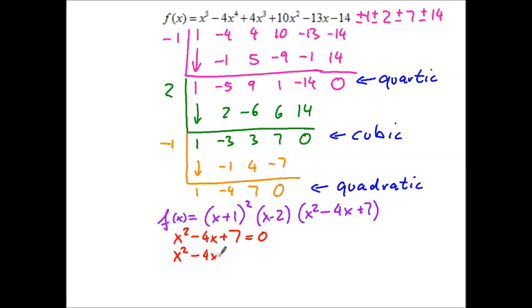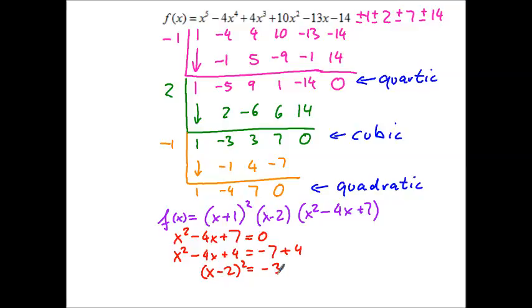Moving the 7 to the other side, and we have room now for half of the negative 4 squared, which is positive 4. On the opposite side, we have negative 7 plus 4. We have x minus 2 squared is equal to negative 3.